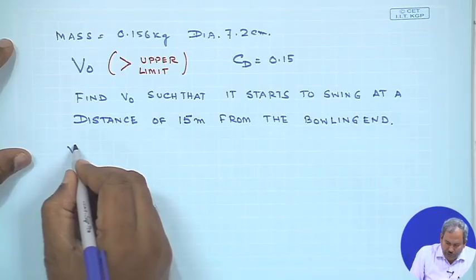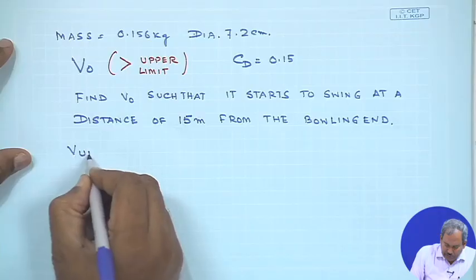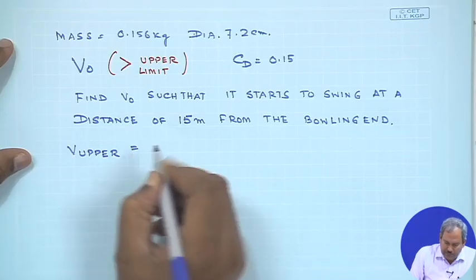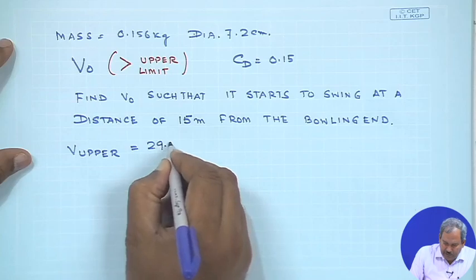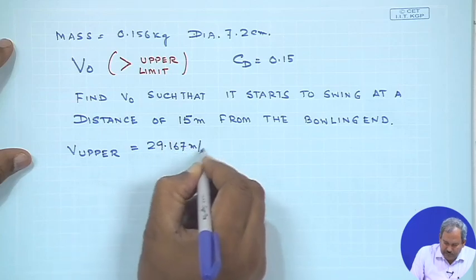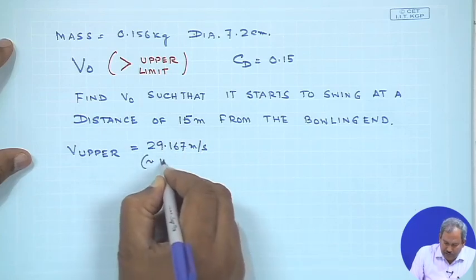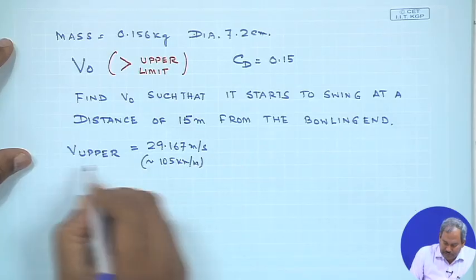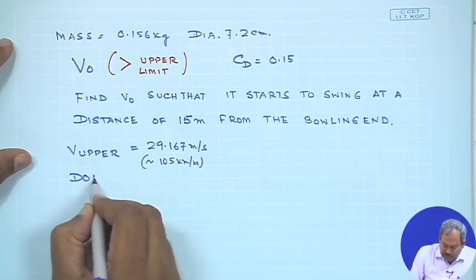And we already know from the previous part that v upper is 29.167 meter per second, which is equivalent to 105 kilometer per hour. This is when it does not encounter the seam.